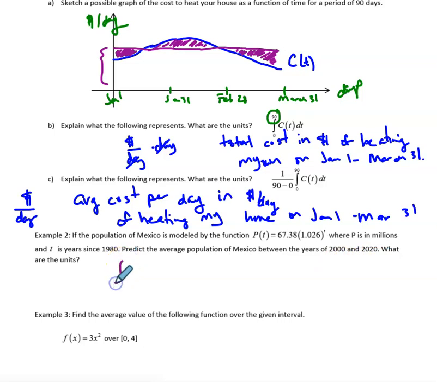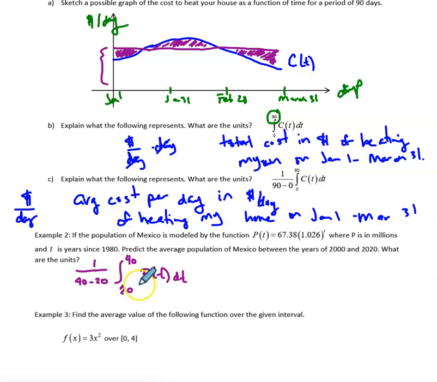Well, first of all, since 1980, 2000 is 20 years, so that's our lower limit of integration, and 2020 is 40 years. So what we're going to do is integrate this population function on the interval from 20 to 40, and then to find the average population, we are going to multiply by 1 over 40 minus 20.